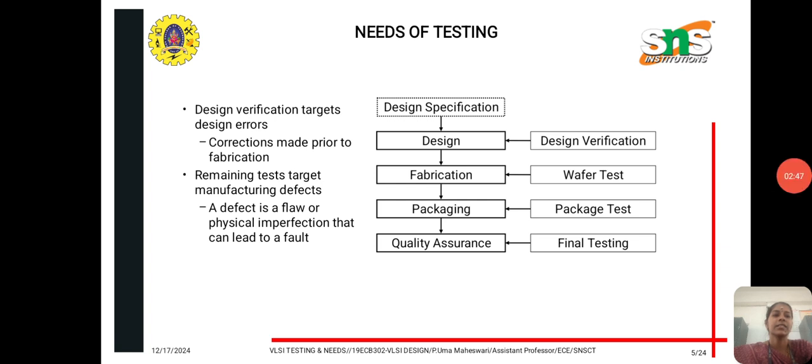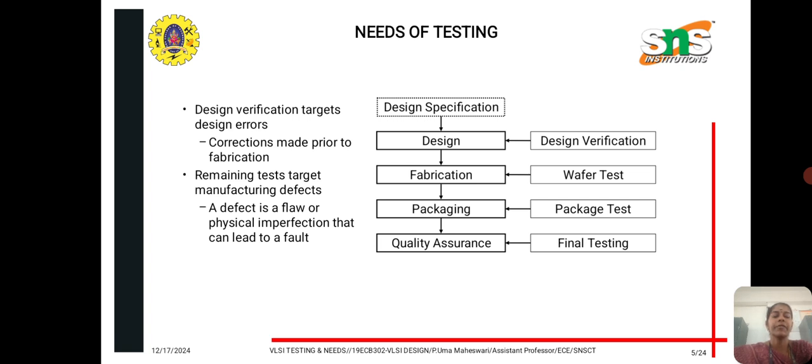Here the design specification goes to the design, then fabrication, then packaging, then quality assurance. The design verification gives the verification process to the design, the fabrication gets the wafer test, the packaging gets the package test, and the quality assurance gets the final testing.